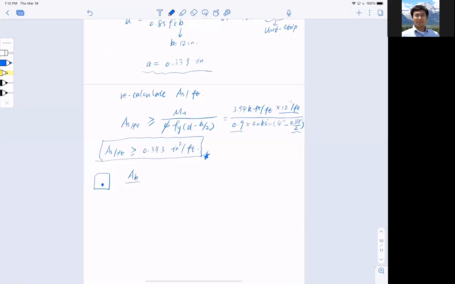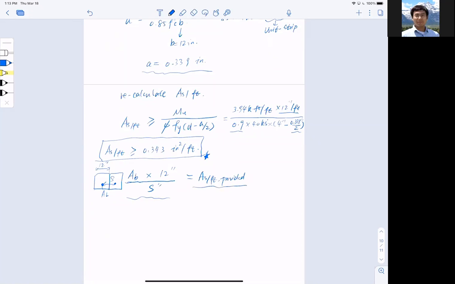I convert that with 12 inch, because it's a unit strip, and divide by the spacing, because I might have a spacing here; this may not be 1 bar per unit foot. I want this to equal As per foot provided.